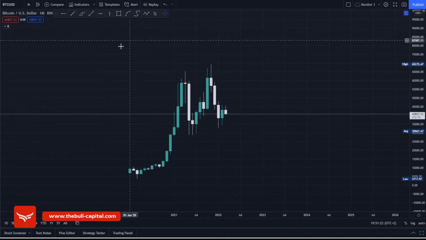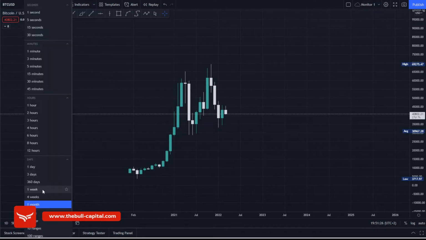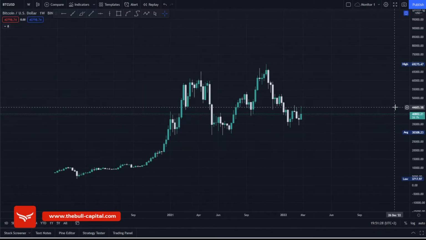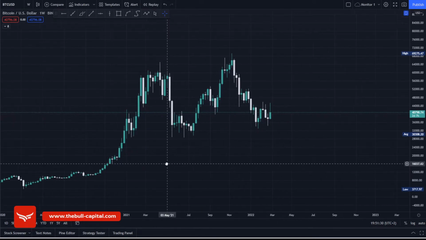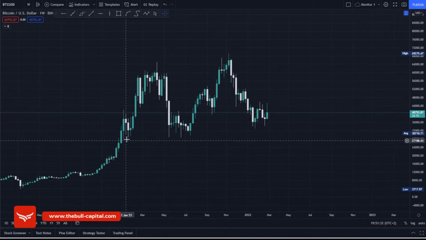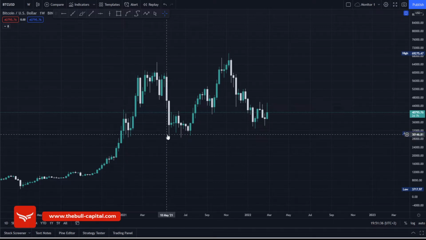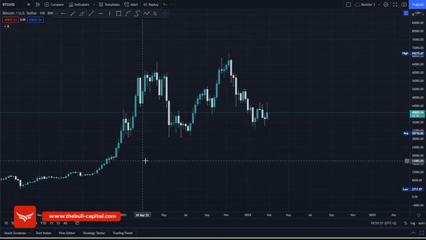Now let's go to a lower time frame, the 1 week time frame, the weekly time frame. On weekly, each candle means 1 week. Each candle took 1 week to be formed, from the time that it opened to the time that it closed.